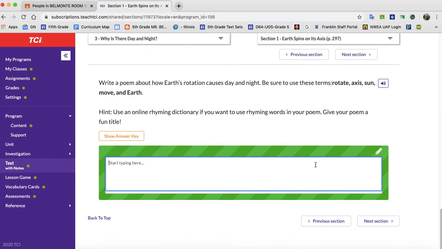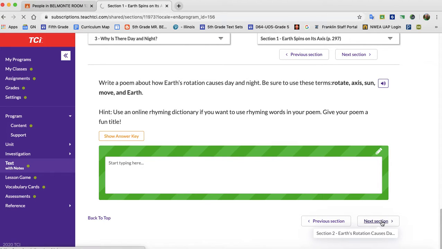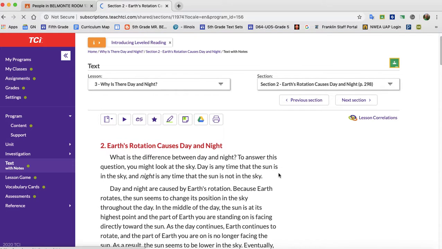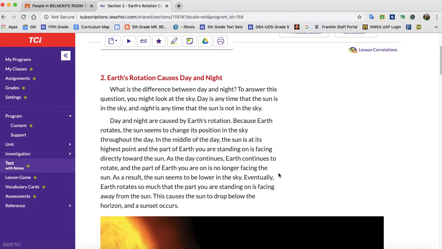As soon as you're done doing that, we are going to then click to this next section. So right now, pause me if you are typing, and when you are done typing, unpause me. Okay? Hopefully I'm unpaused. We're going to hit next section, and it brings us to Earth's rotation causes day and night.